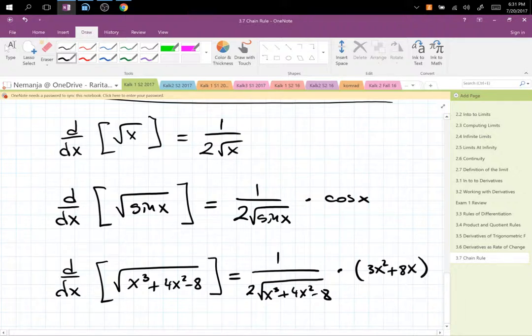Now, for me, this is the same problem all the time, right? Because look, it's the same structure. Every time it's the same structure for the problem. The chain over here, there is a times 1 because the derivative of x is 1, but I don't have to write it.